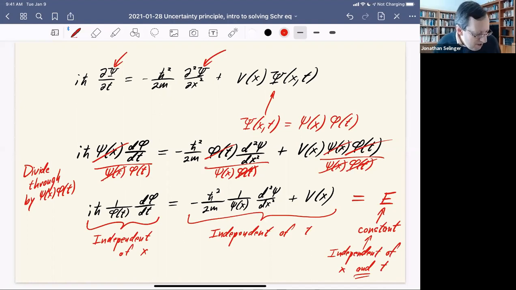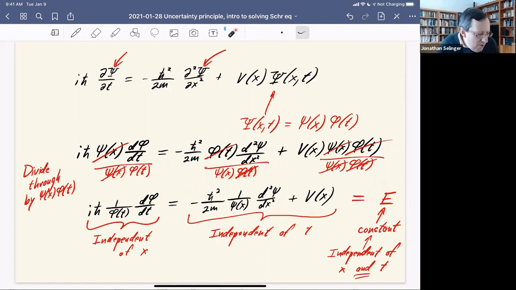That means the thing here on the left side has to be equal to E, and this quantity also has to be equal to E.